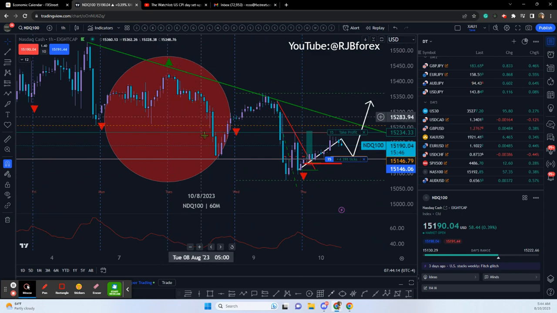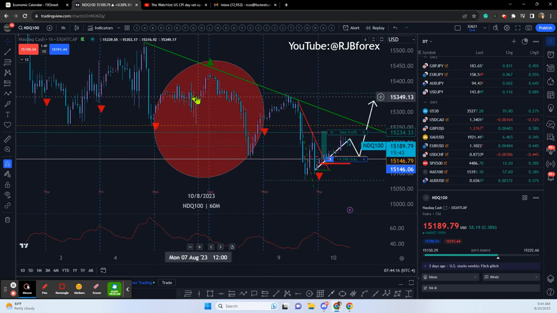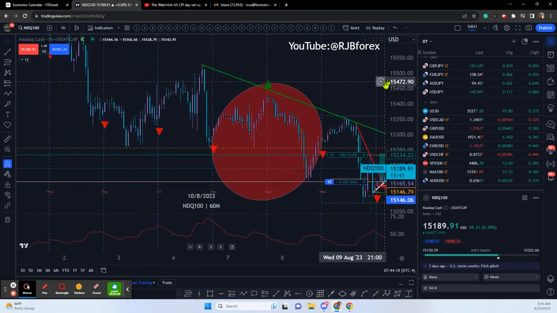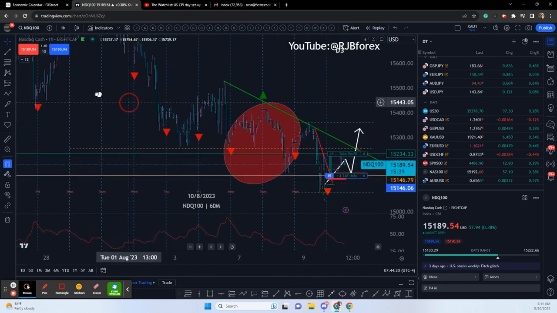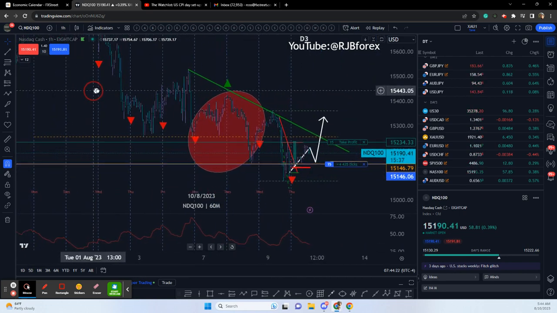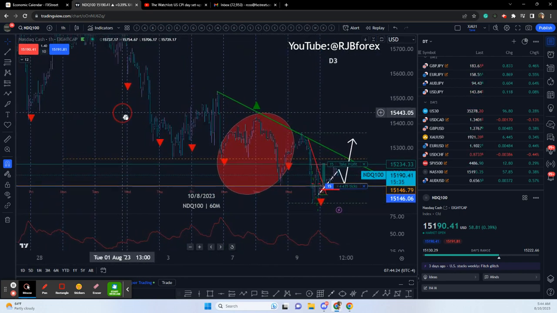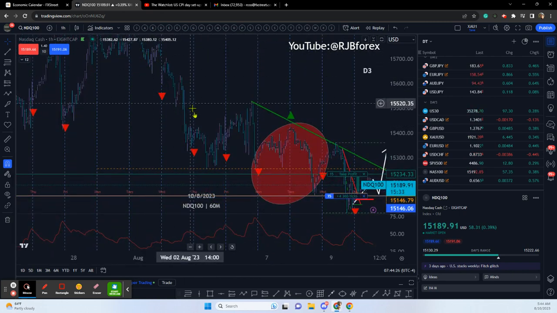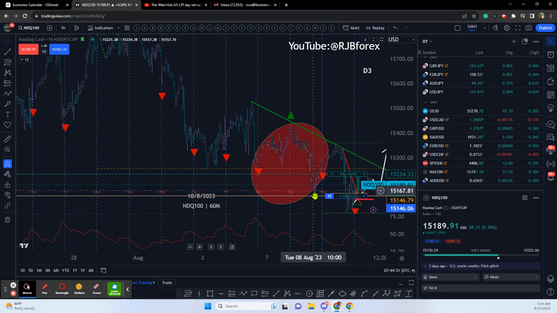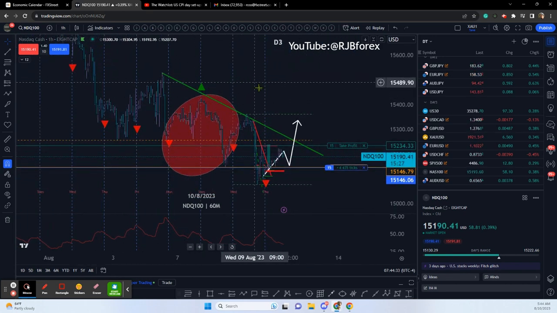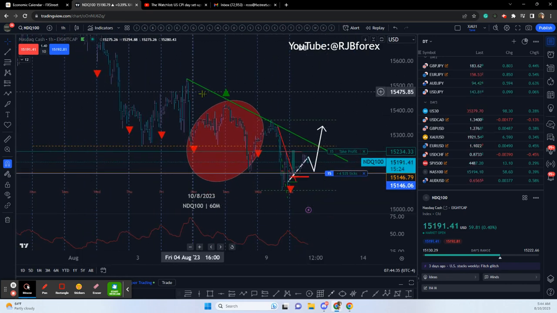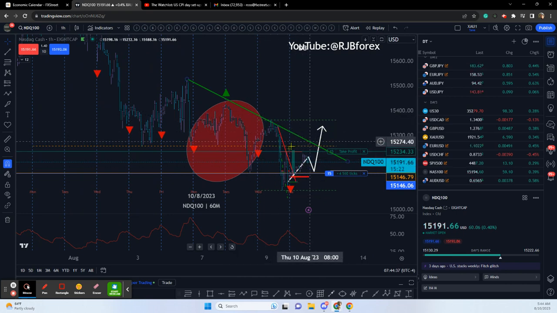So we've got shorts, and also you can look at this like we've got 3 drives into and around last week's low. So we've driven down, so 1 drive, had another drive, and we've had a further drive. So it's 3 drives into and below, taking out last week's low.